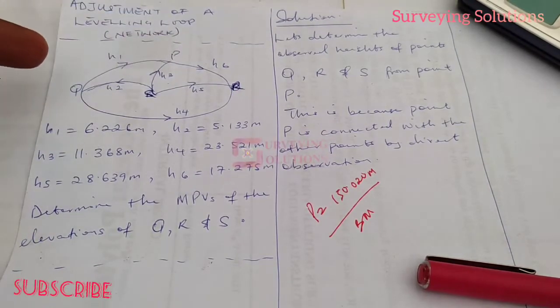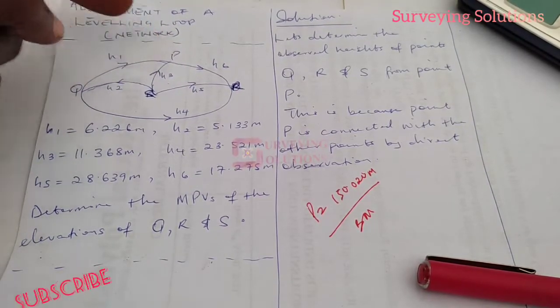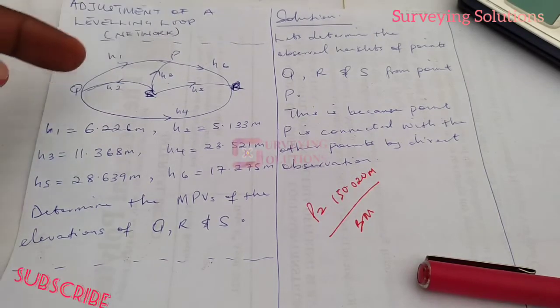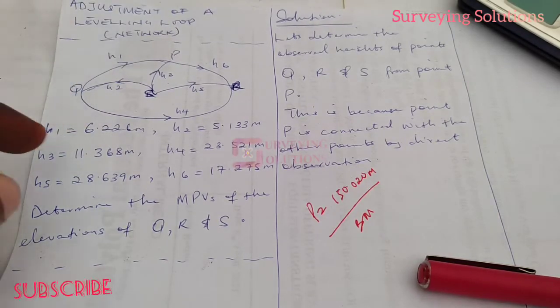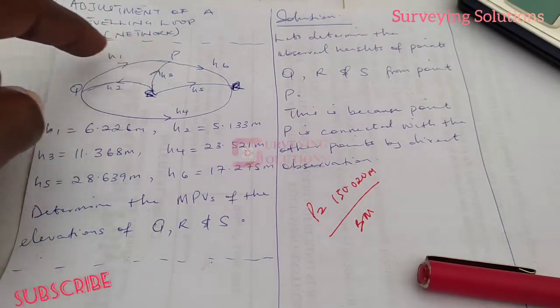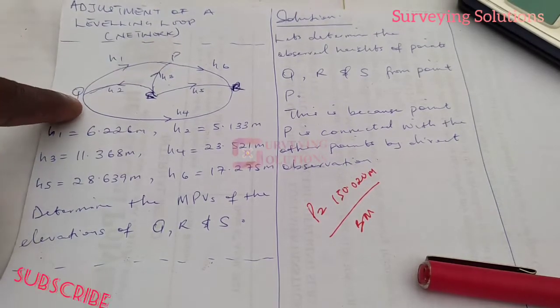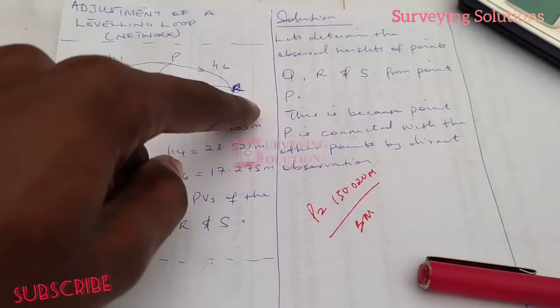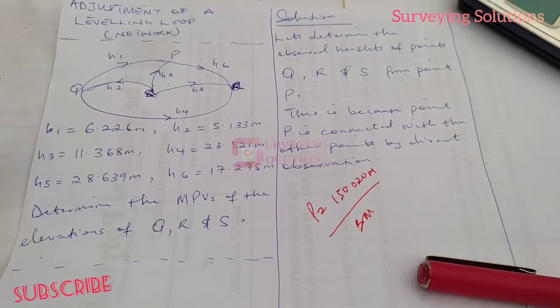What leveling does is that it helps you know the change in elevation, and with the change in elevation you can determine the elevation of the next point. So since we have the change in elevation, we can get the observed elevations of these points. And what is the essence of adjustment computation? The essence of adjustment computation will be for us to reduce to the barest minimum the error that is inherent in those observed heights. So that's what we are going to do.